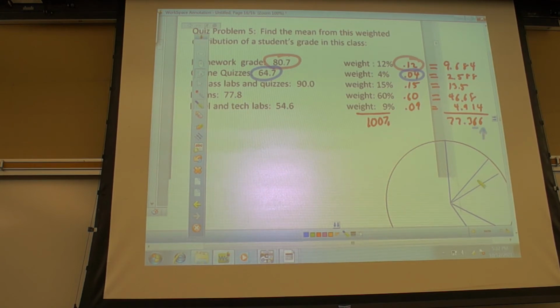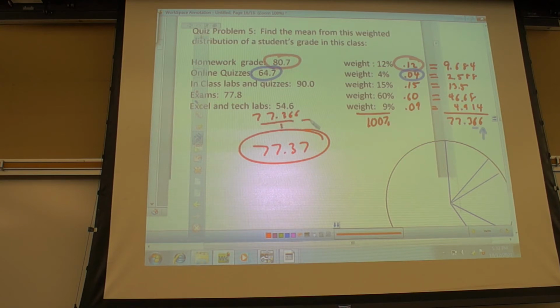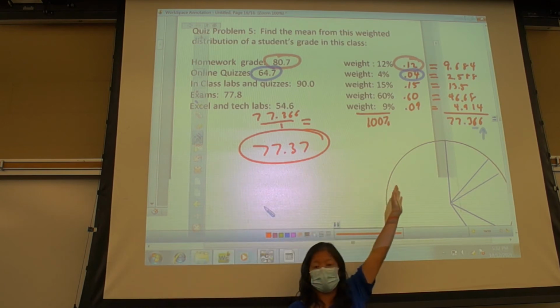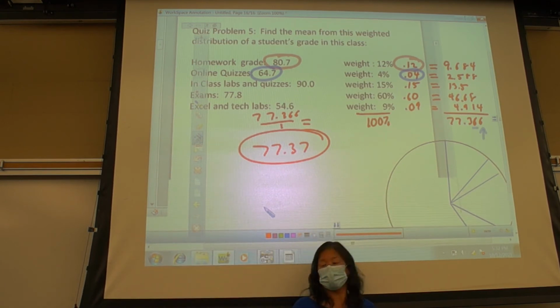That's 6 or more, so I'm going to round it to 77.37. Oh, sorry, divided by 1. 77.366 divided by 1, which is going to equal 77.37. Everybody good with 1 divided by 1? If you add up all your weights, you get 100%. 100% is 1, right?